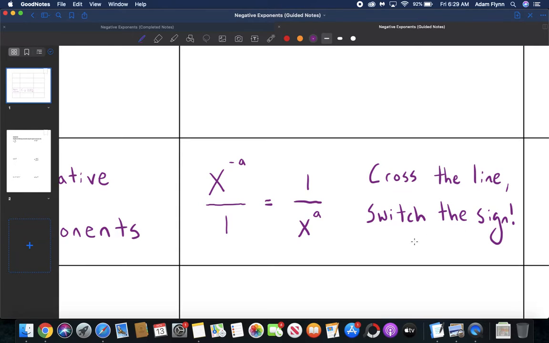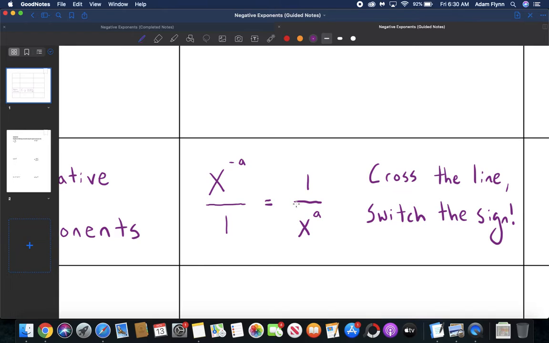Nice little rhyme there that could help you remember it. If I go back and take a look at this general rule of thumb, x to the negative a, I crossed the fraction line, so I brought it down to the basement, and I switched the sign of my exponent. So instead of having negative a, I had positive a down here.